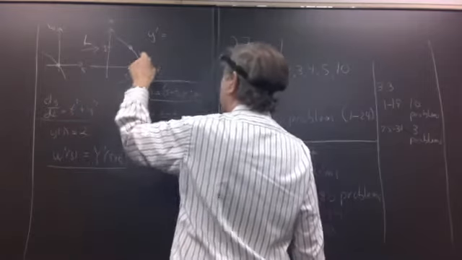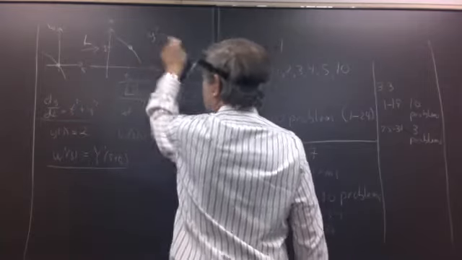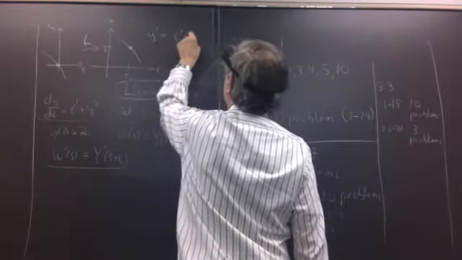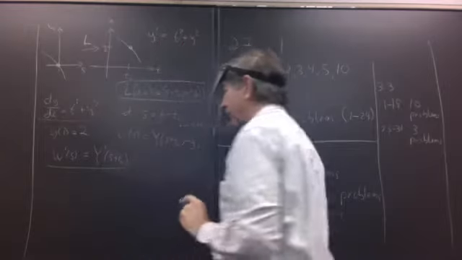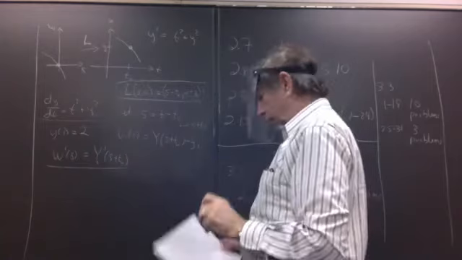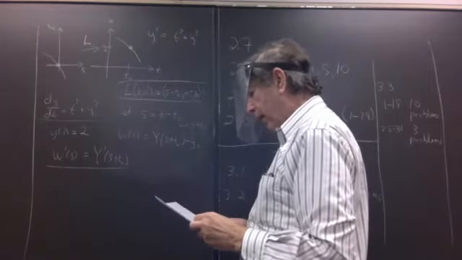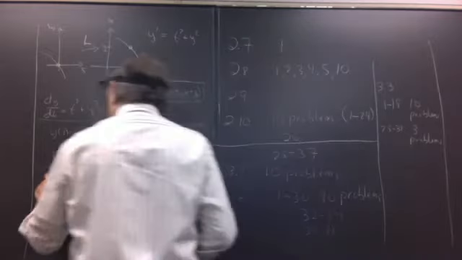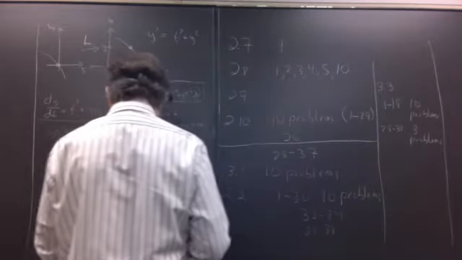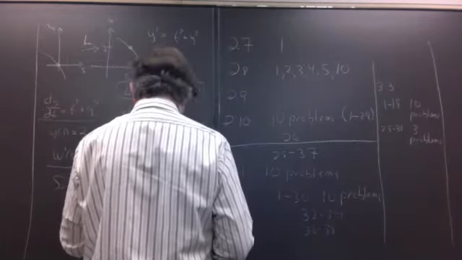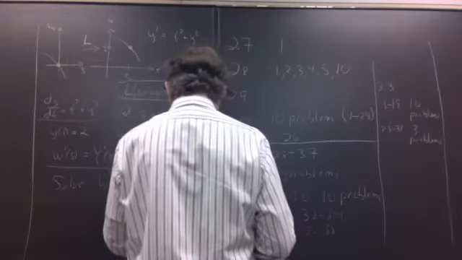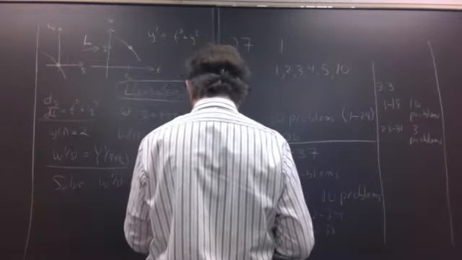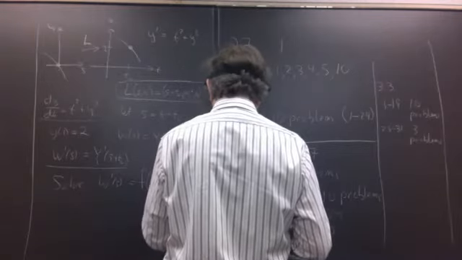And so if I write it this way, it's t squared plus y squared. Anyway, don't need to write it twice. Okay, so what we do is we solve the following differential equation. w prime of s is f of s plus t naught, w of s plus y naught.